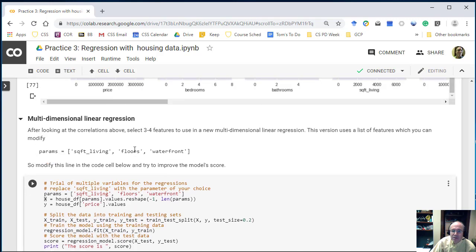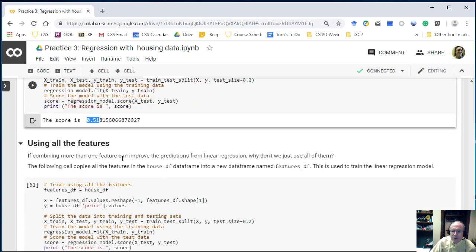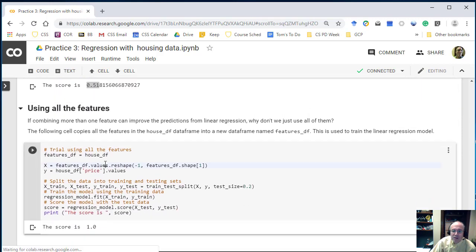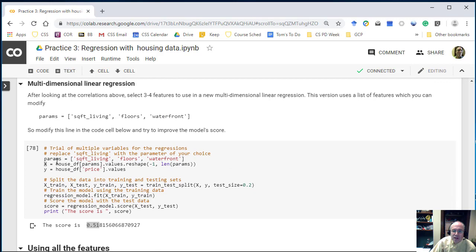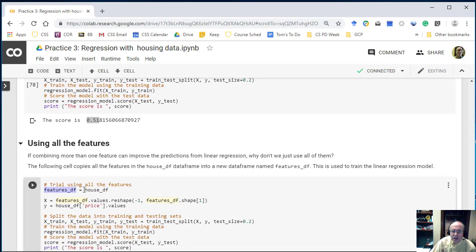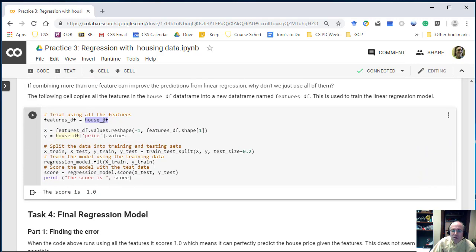Now, if using a couple features is better, the last thing we're going to look at is using all the features. So here we're creating a feature data frame, but we're just using the whole house, all the features in the house data frame.